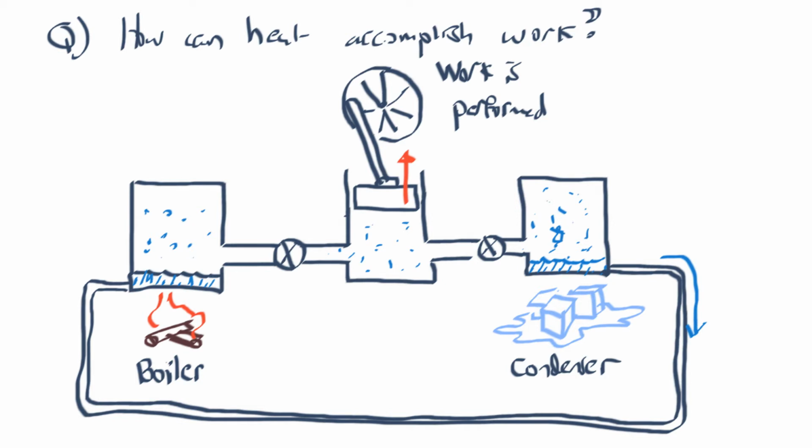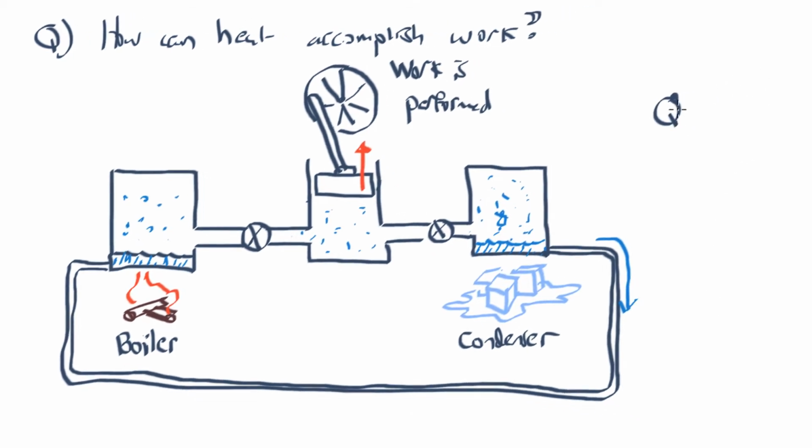So by boiling the water on the left and appropriately opening and closing the valves and condensing the steam on the right, one can imagine performing a cycle of work, pushing this piston up, pulling it back down, pushing it up again, and pulling it back down. The question is, how much work can be done by a certain quantity of heat?